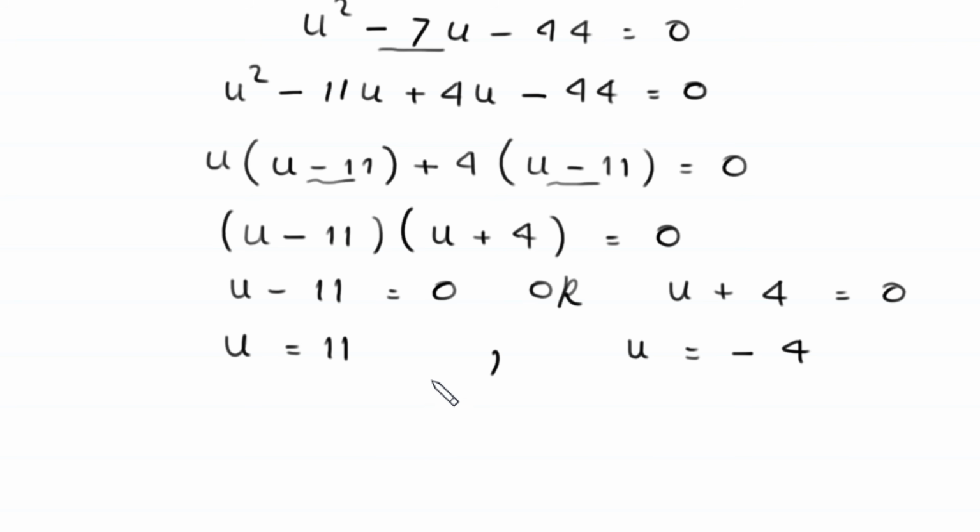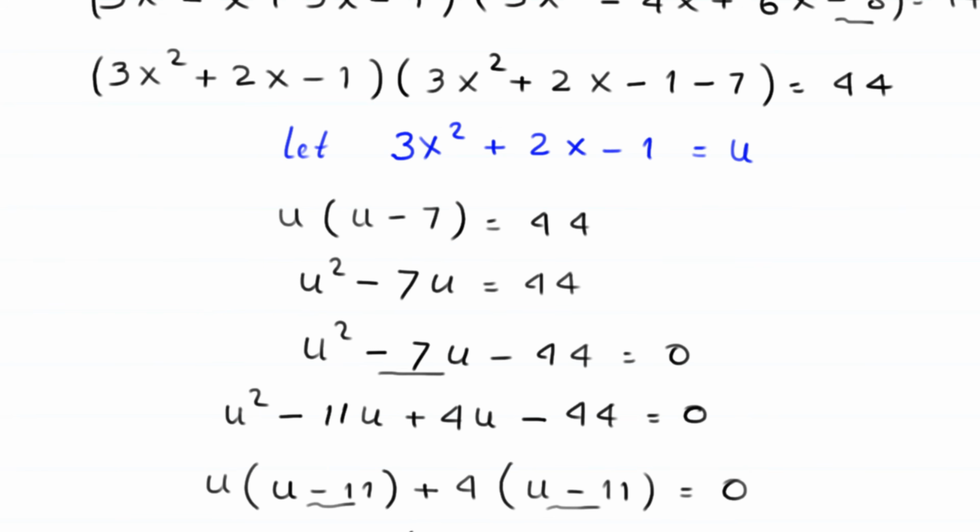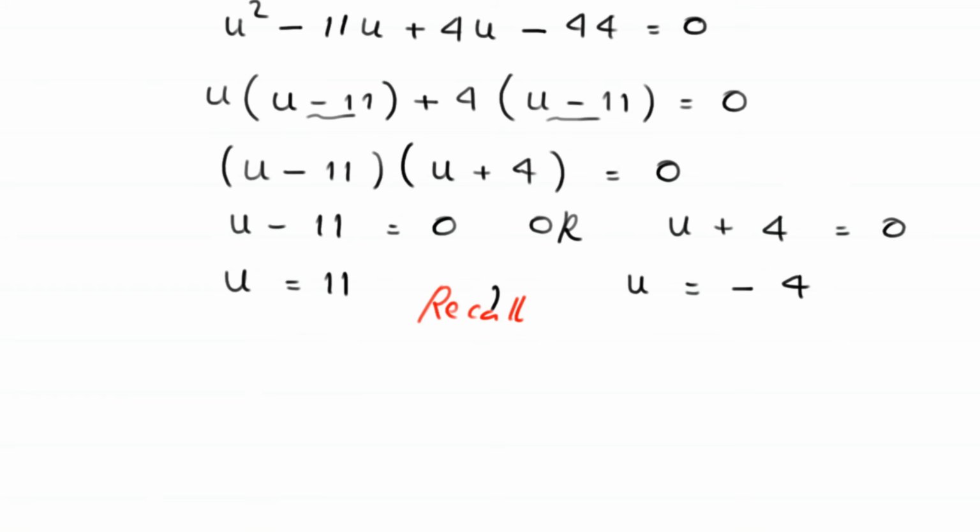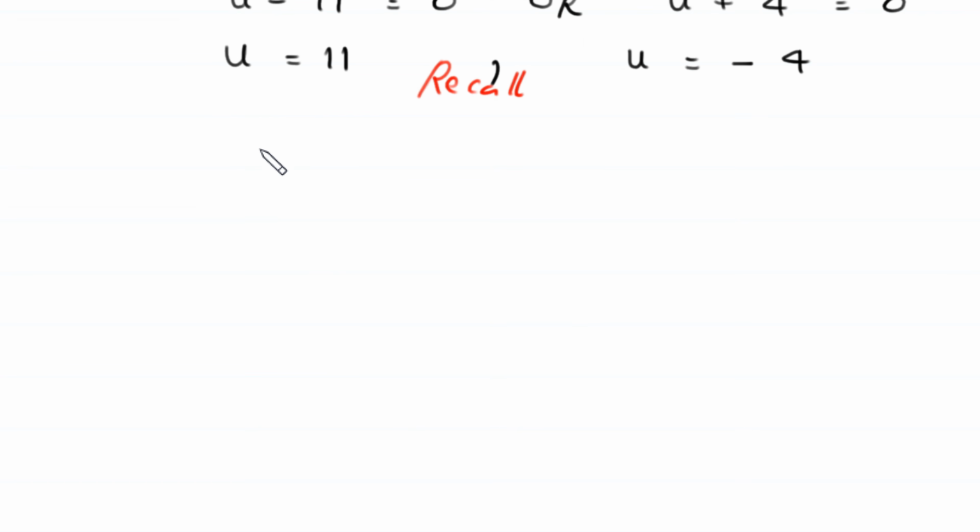Now recall that we have supposed that 3x squared plus 2x minus 1 equals u.